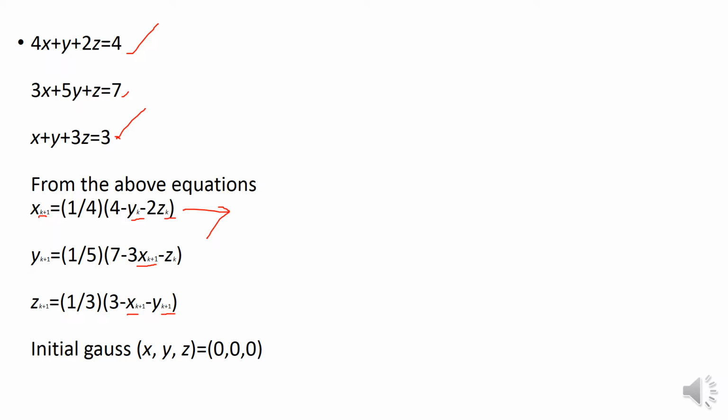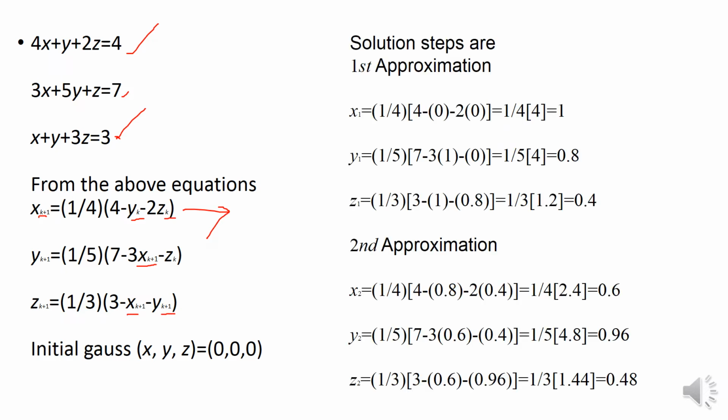Similarly, y1 will be 1 upon 5 (7 minus 3x1 minus z0), and z1 will be 1 by 3 (3 minus x1 minus y1). We put these values and see what is the result.